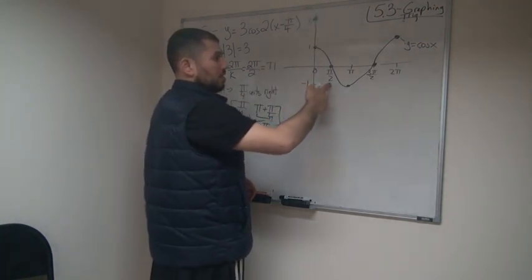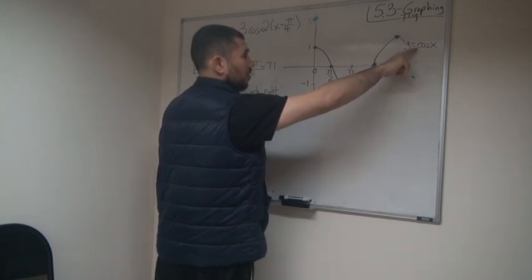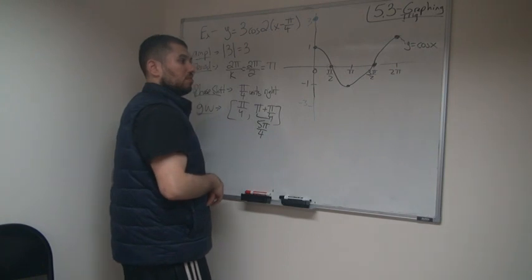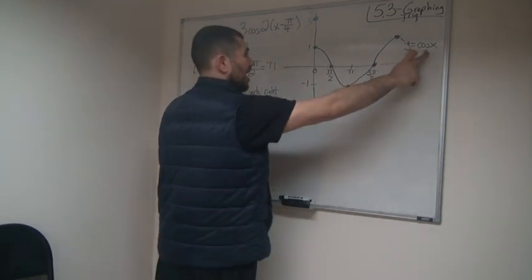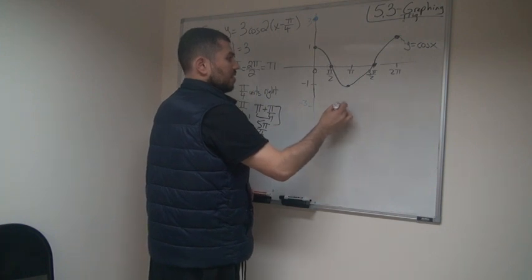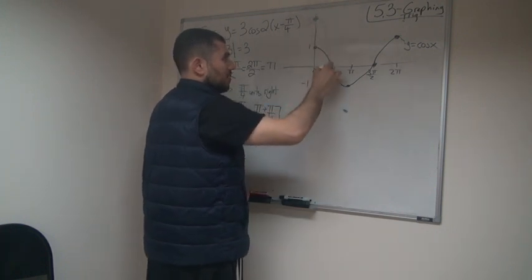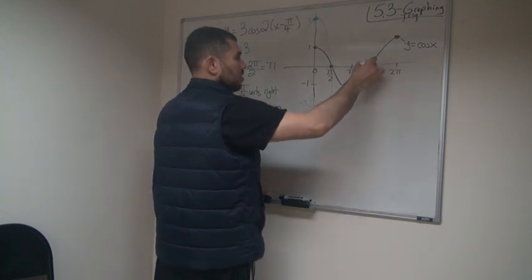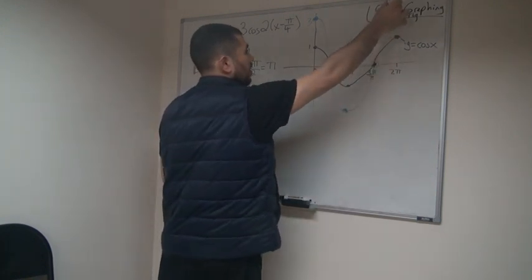At pi over 2 radians, the cosine of pi over 2 is 0. 3 times that would be 3 times 0, which stays a 0. The cosine of pi is negative 1. 3 times that would have given me a negative 3. So again, I see that my maxes and my mins are more pronounced. My zeros remain the same.